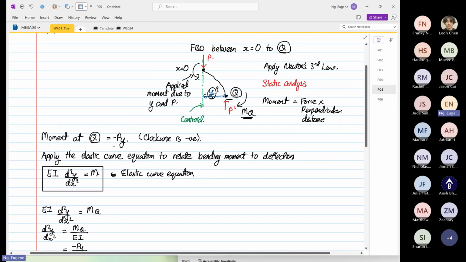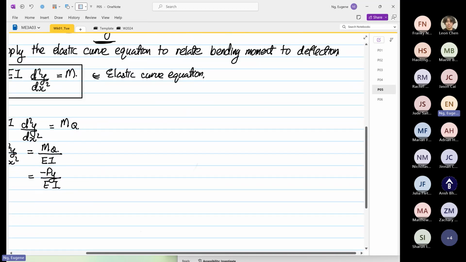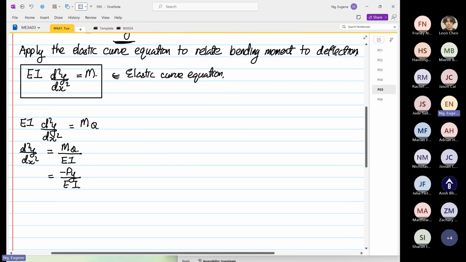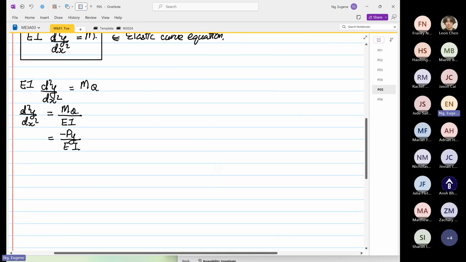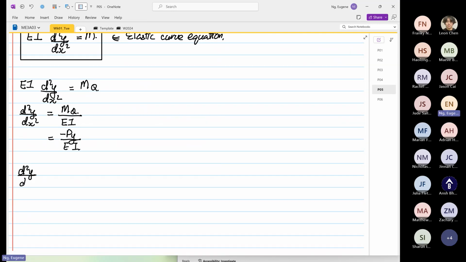We know this, right? Moment about point Q is minus Py. So from here, we can write this out as d squared y over dx squared plus Py over EI, the whole thing is equal to 0.